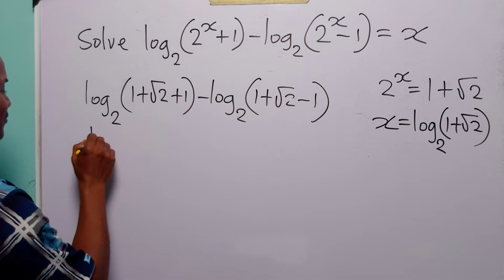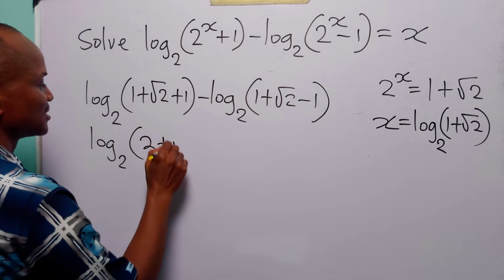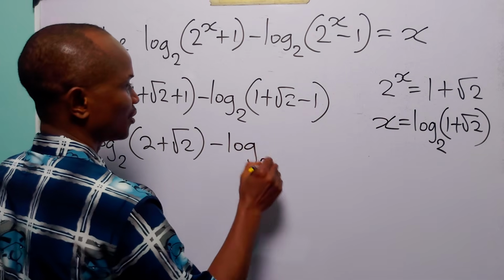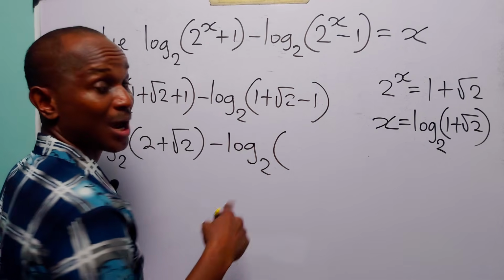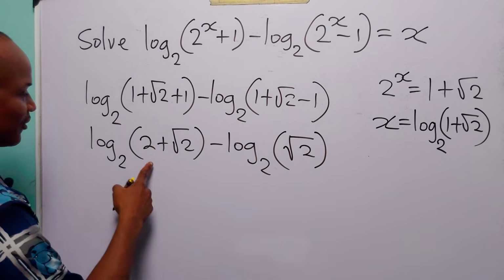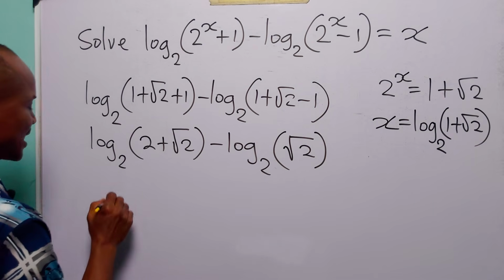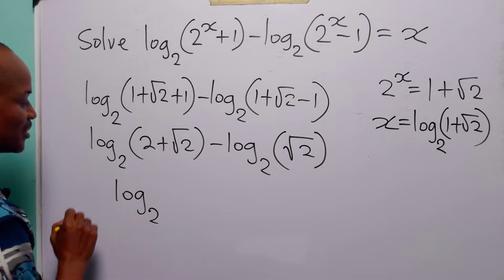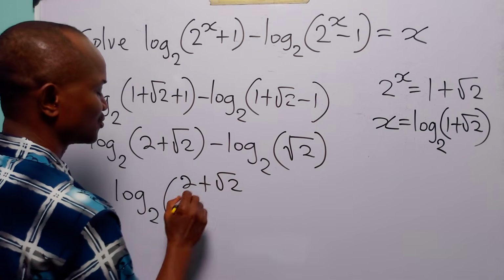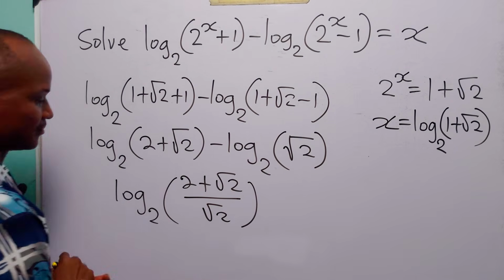Now, of course, here we have log base 2 of (1 plus 1 is 2), so this is 2 plus root 2, minus log base 2 of (1 minus 1 is 0), so here we have root 2. And of course, we can combine these two into one single unit. When we do that, we have log base 2 of (2 plus root 2) over root 2.